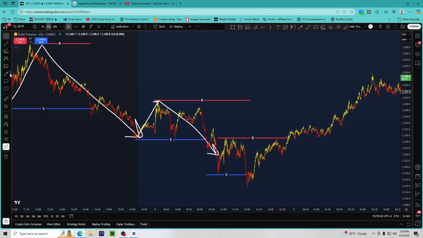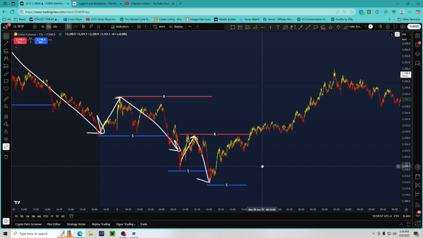And then the market makes a lower low here. We have a final level of support. And then something very important happens. The market, from the low, breaks the previous area of resistance. And this would suggest that the market is reversing.